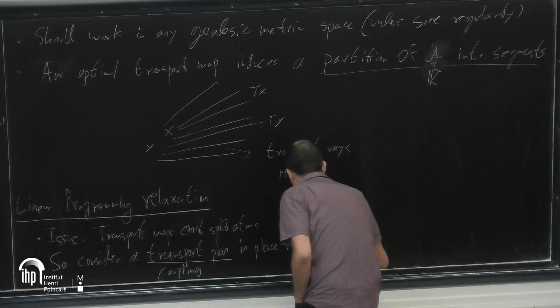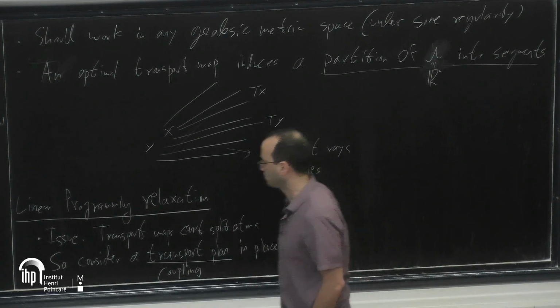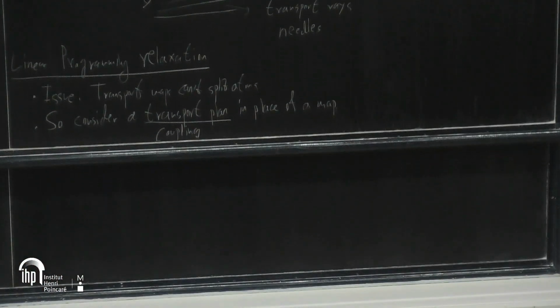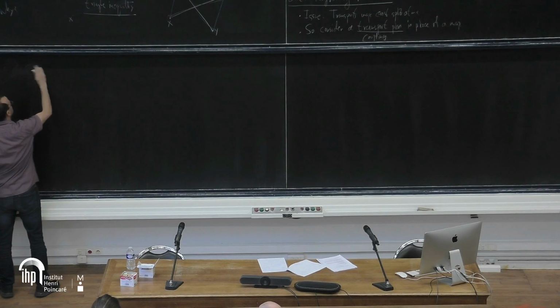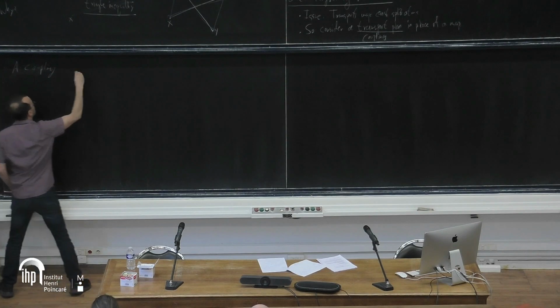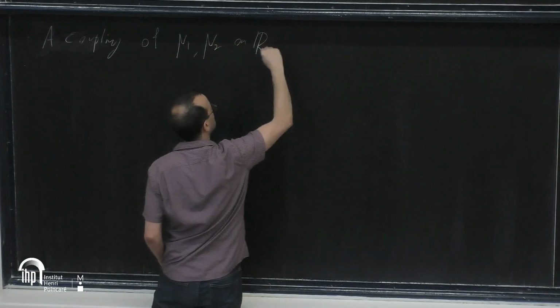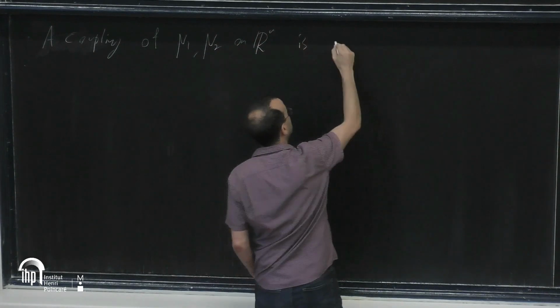So what's a transport plan? Or what's a coupling? A coupling of two measures, mu1 and mu2 on Rn, is a measure gamma.